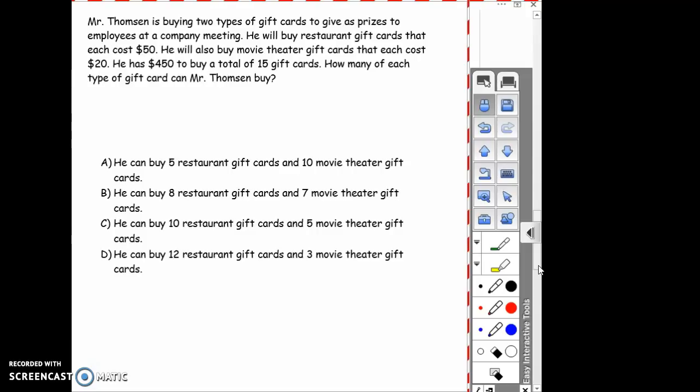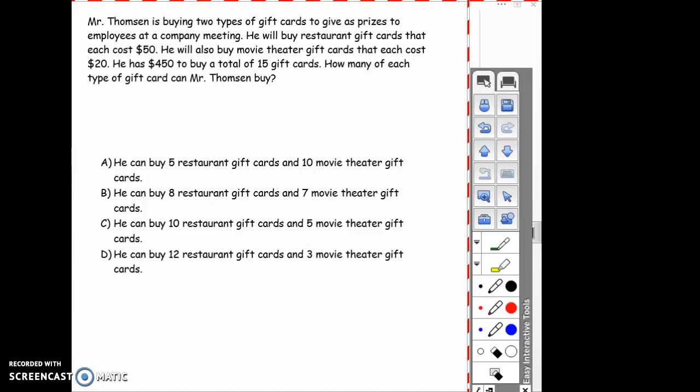He will also buy movie theater gift cards that each cost $20. A lot of information going on. He has $450 to buy a total of 15 gift cards. How many of each type of gift card can Mr. Thompson buy? Well, I've got a lot of information going on.